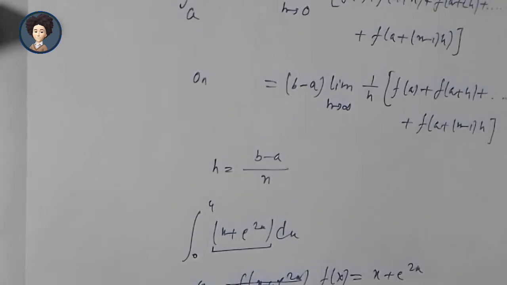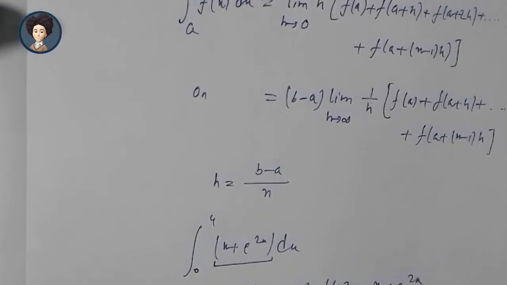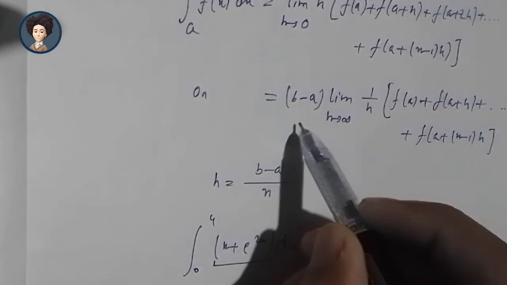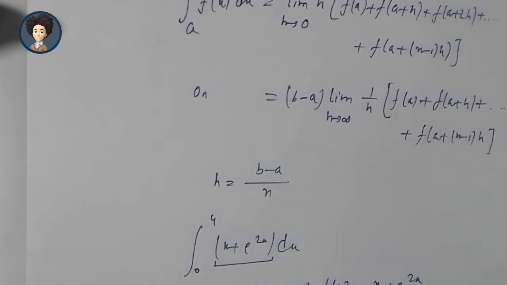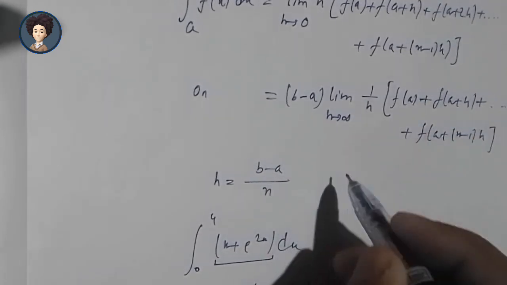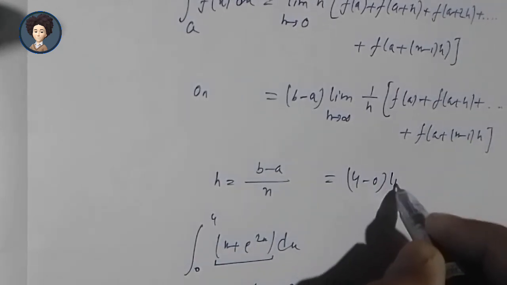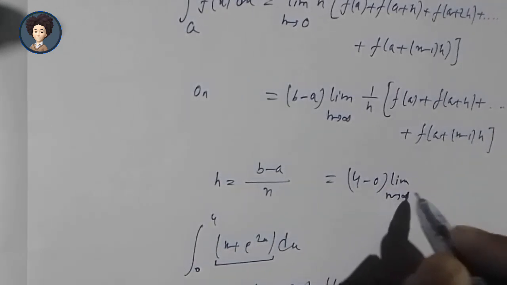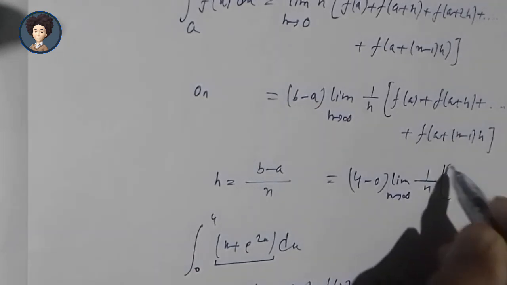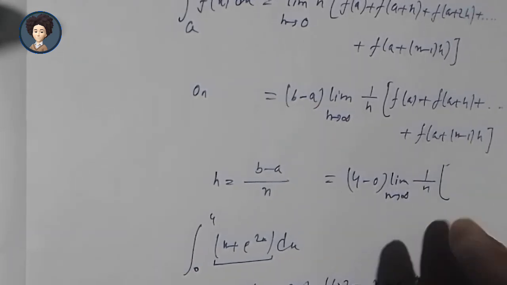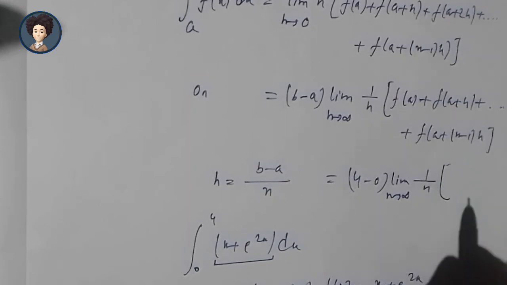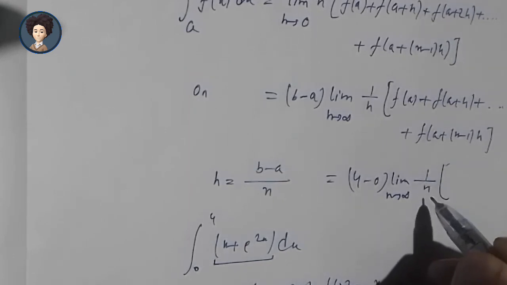If we put these values in, then this integral will be 4 minus 0 times the limit as n tends to infinity of 1 by n.